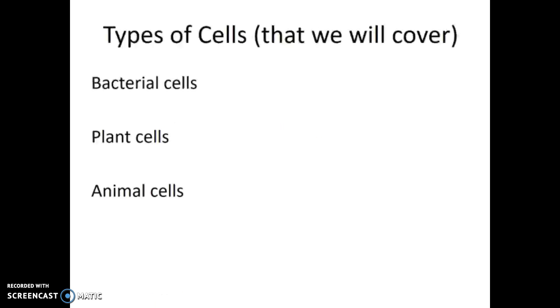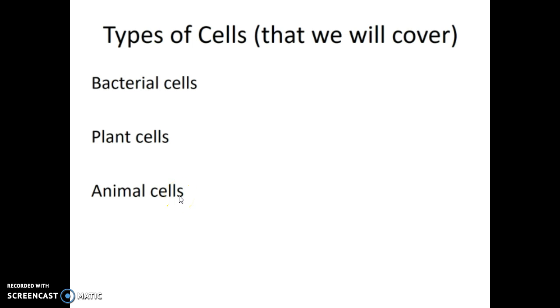So previously we spoke of prokaryotic cells and eukaryotic cells, and we identified that prokaryotic cells are simple, they do not have a nucleus, they're small, they're unicellular, the DNA is found in the cytoplasm, and bacterial cells are an example of those. Plant and animal cells are going to be our focus moving forward.